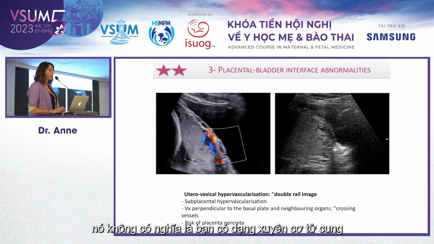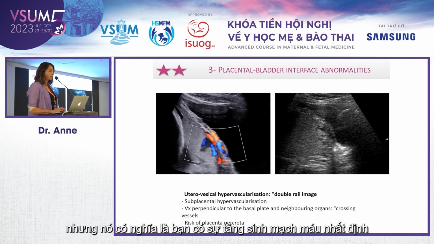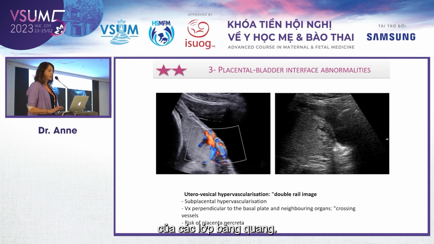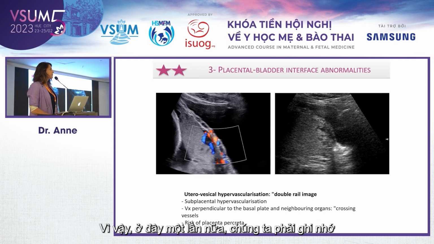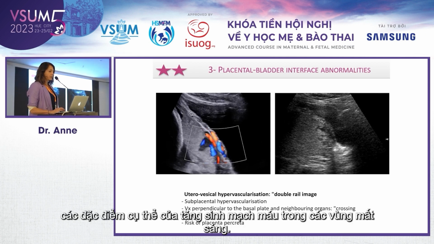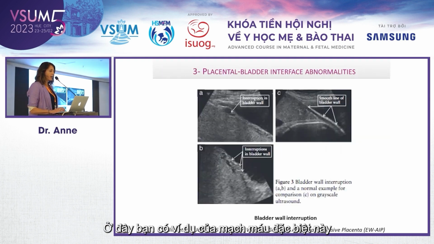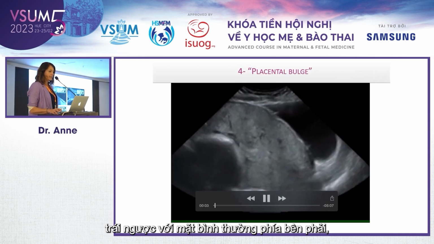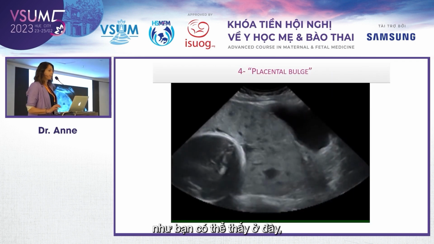It doesn't mean that you have a percreta form, but it means that you have a particular hypervascularization of the layers of the bladder. So here again, we have to bear in mind this typical pattern of vascularization in this loss of clear zone. Here you have an example of this particular vascularization in contrast with the normal aspect on the right side, as you can see here.